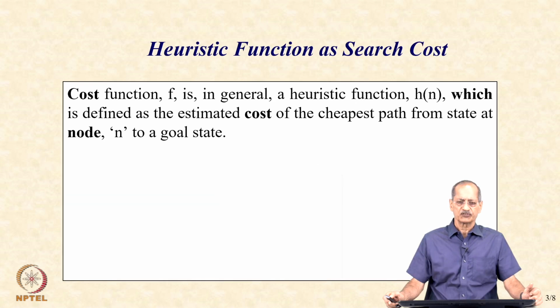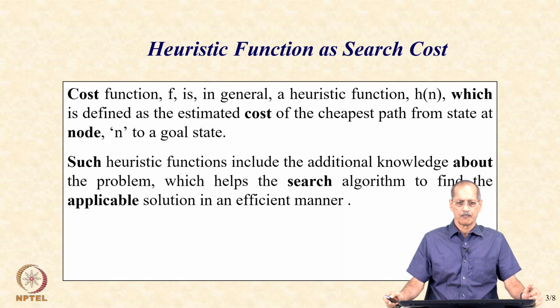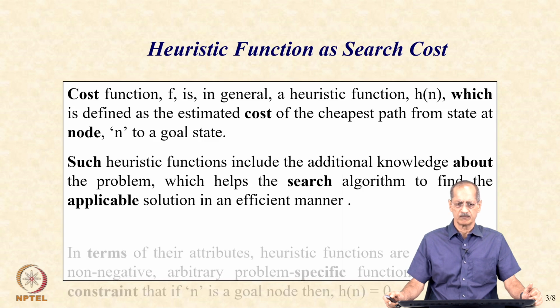In fact, this function f is in general a heuristic function h, which is defined as the estimated cost of the cheapest path from the state at node n to a goal state. Such heuristic functions include the additional knowledge about the problem, which helps the search algorithm to find an applicable solution in an efficient manner.